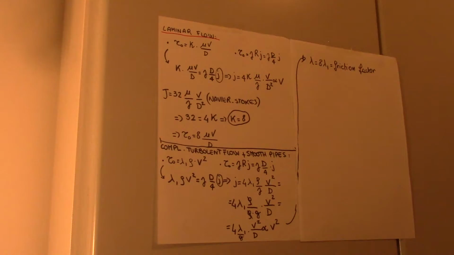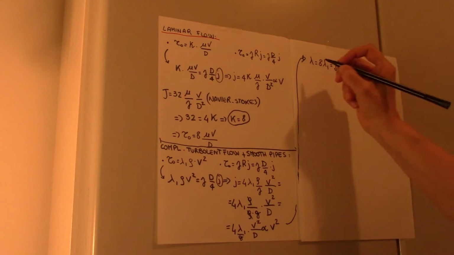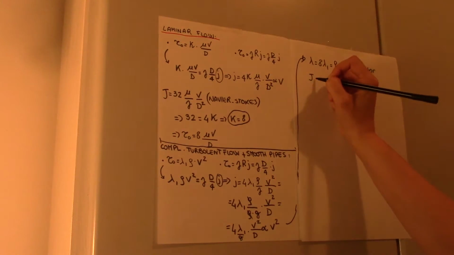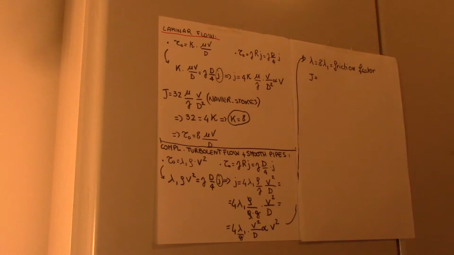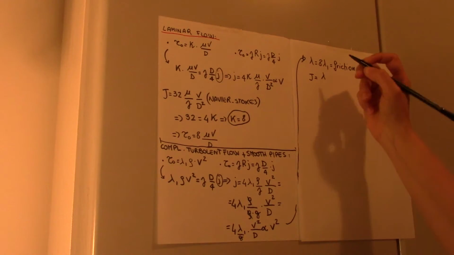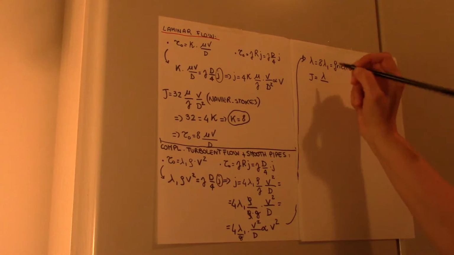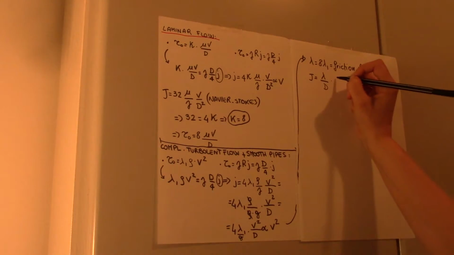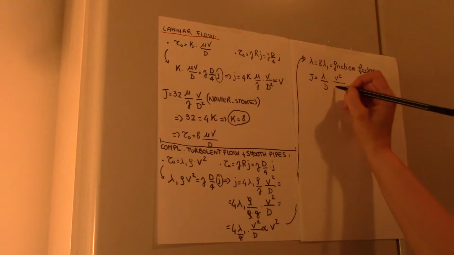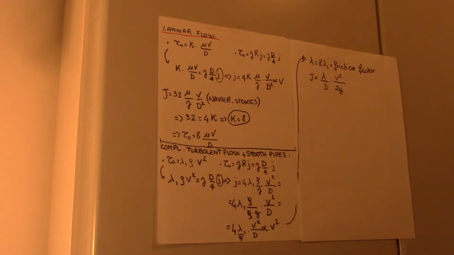So basically, if lambda is our friction factor, for lambda 1 we can just rearrange this and get that J is equal to lambda over D times v to the power of 2 over 2g.